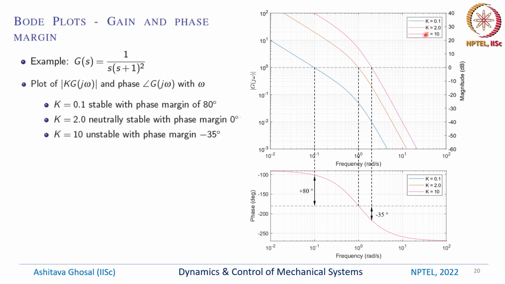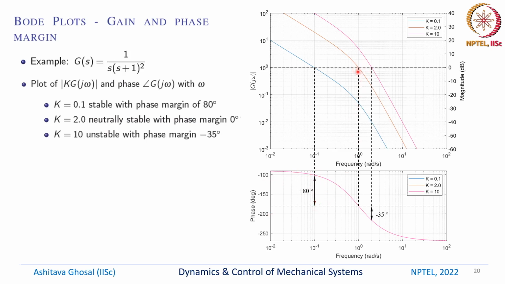What you can see is at k equals 0.1, the phase margin is about 80 degrees. Remember, it should be minus 180 degrees, but the actual phase is about minus 100. So there is a phase margin of 80 degrees. So it is very, very stable and robust.